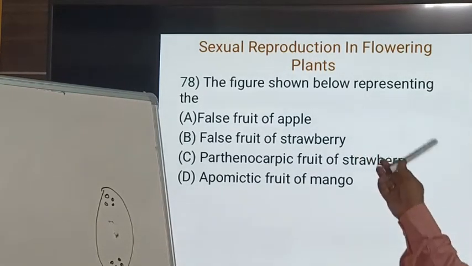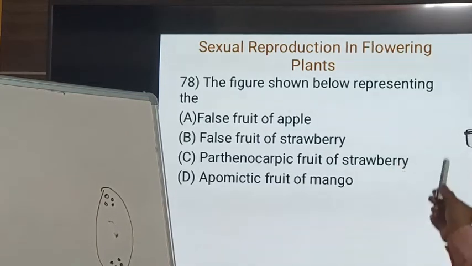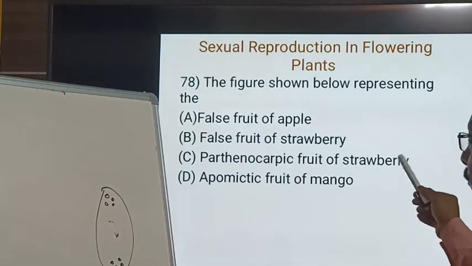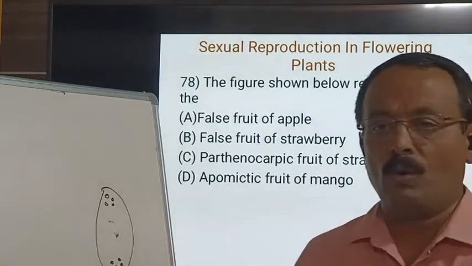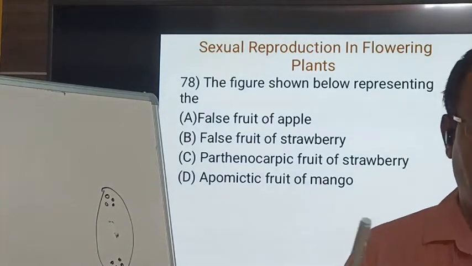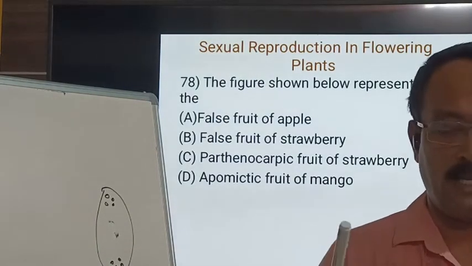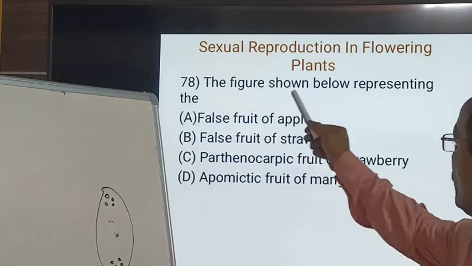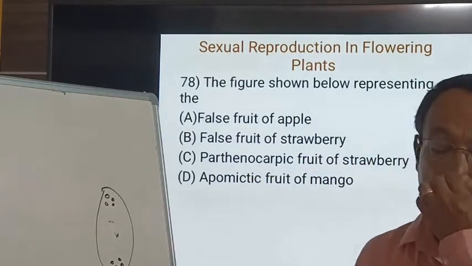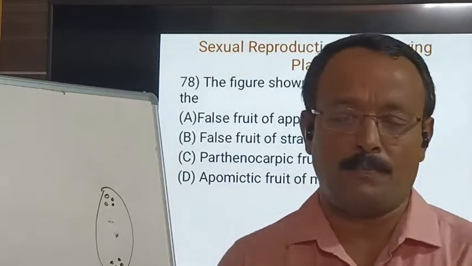By mistake, the figure has not been mentioned. That figure is a false fruit of strawberry. So you go through the syncarpous fruit part. There is a last figure, and it is a false fruit of strawberry. See, fruits are categorized into 2 types.